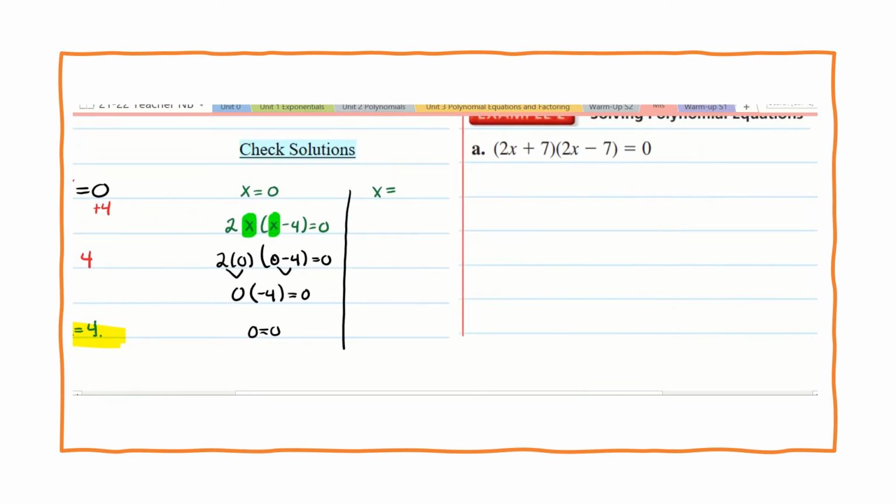Similarly, we're going to do it for the other solution that we got, our other root, which is 4. So go back to the original equation and substitute 4 for x.